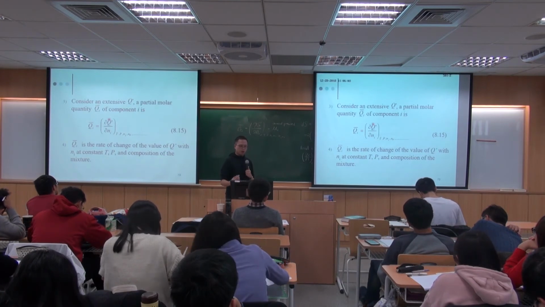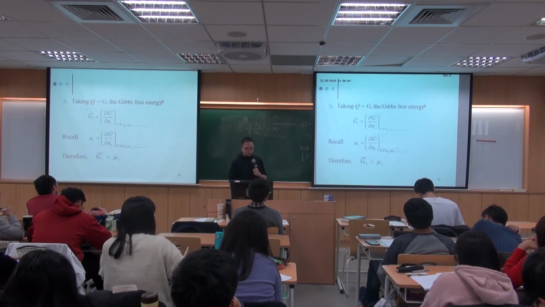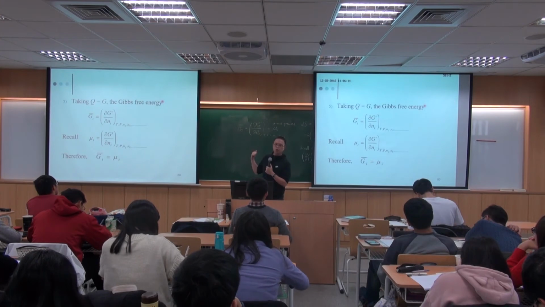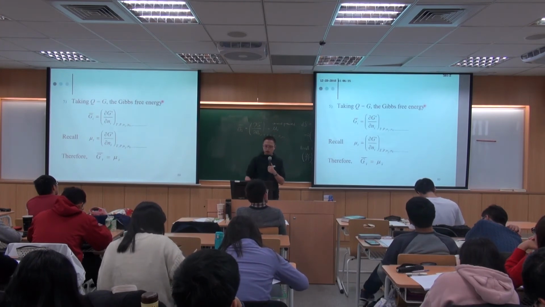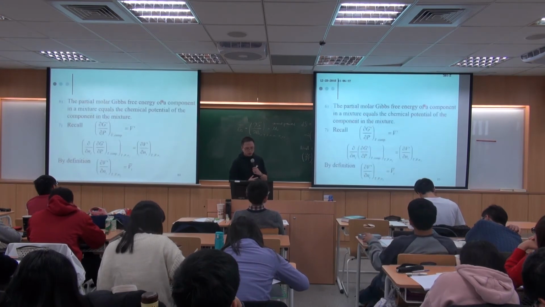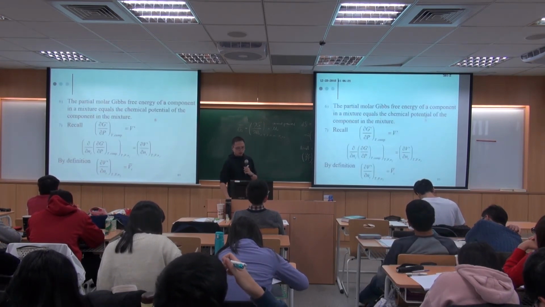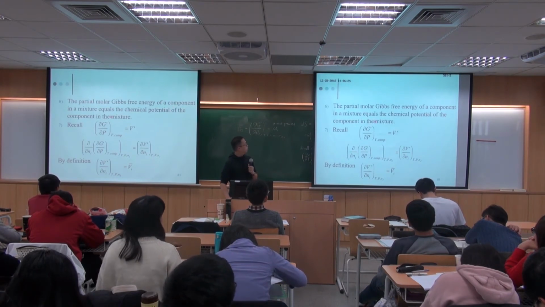This is the reason why we call this a molar change. So if you use Gibbs free energy, this is what you will get. The chemical potential will be the same as Gi bar. The partial molar Gibbs free energy of a component in the mixture is the same as the chemical potential of a component in the mixture. So this is what we just wrote down.